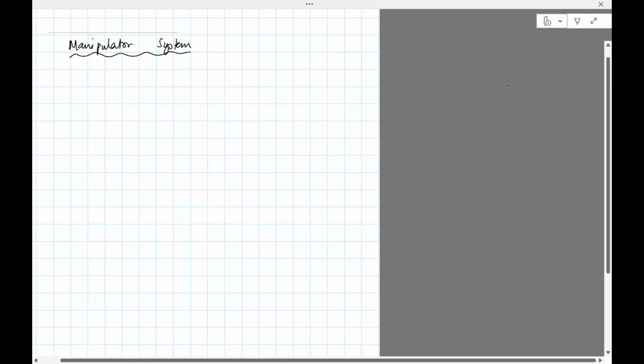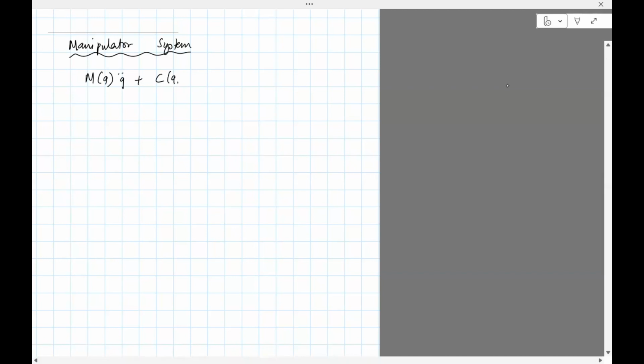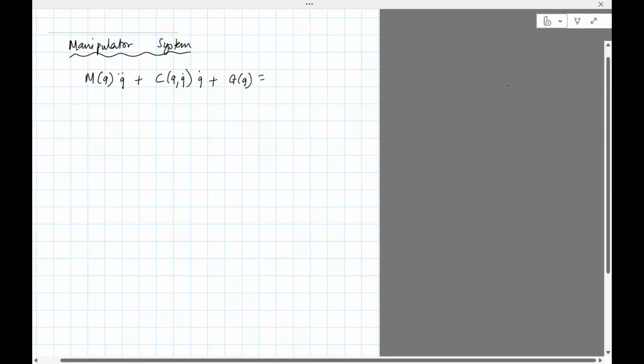Here, the equations of a manipulator are M of q times q double dot plus C of q, q dot times q dot plus g of q equals, normally torque, but the way we'll write this is B of q times u.